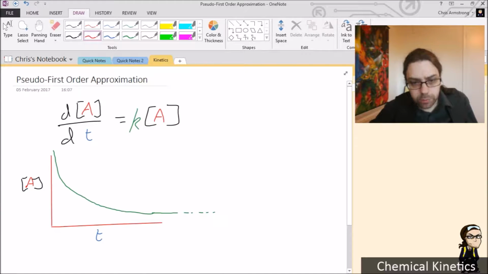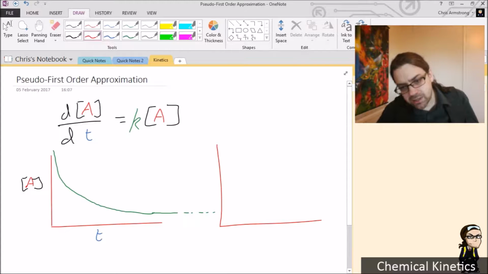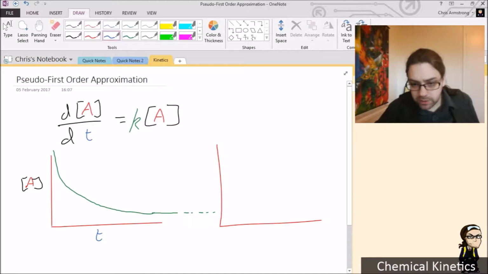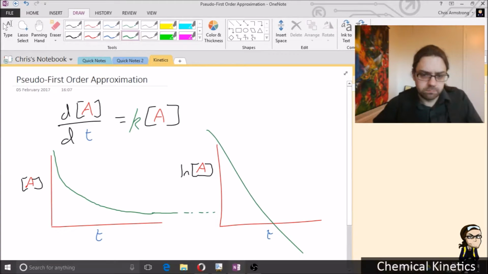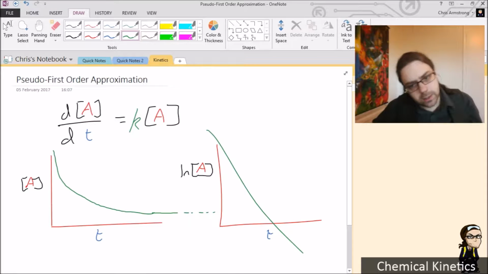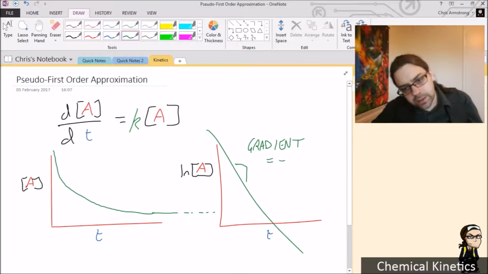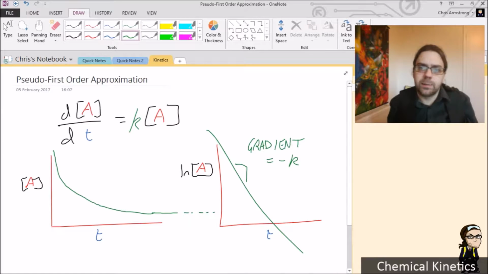Now, for reasons that will become mathematically obvious as we progress, if we plot time along the bottom, and then the natural log of the concentration, or in fact any kind of log of the concentration, you get a straight line. If I could draw a straight line again, and that gradient equals k, or at least negative k. So if we plot that data, we get a straight line. This is brilliant. This is really, really easy.